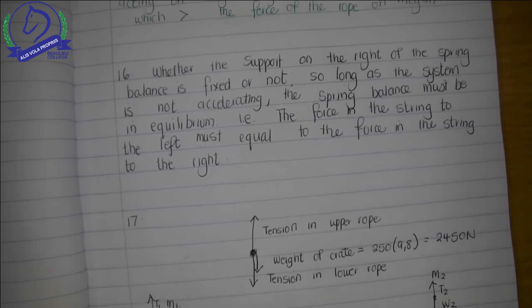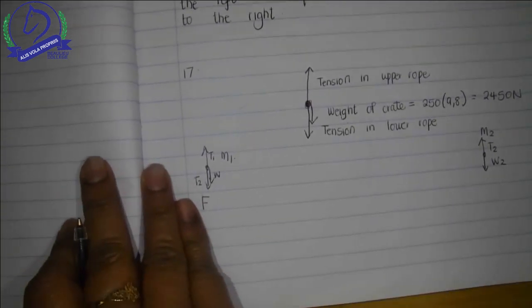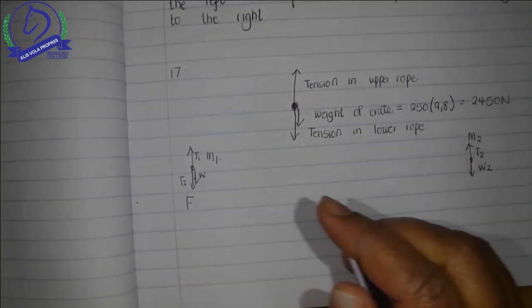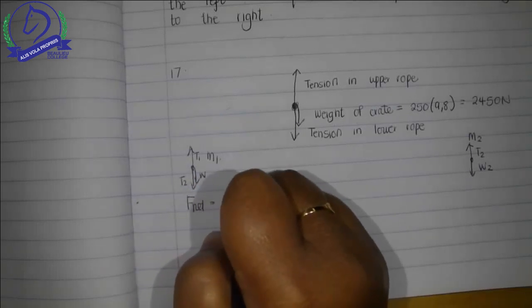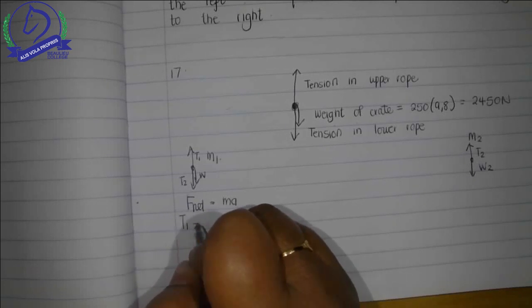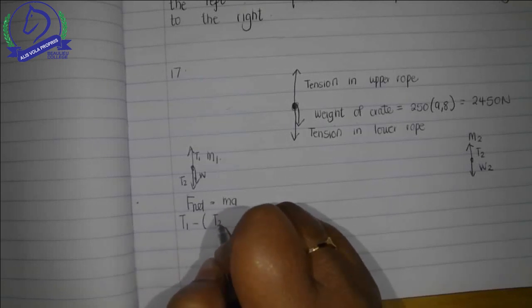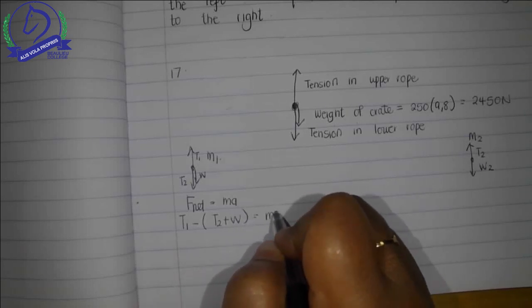Okay, so I'm going to do F net. F net is equal to MA, and my net force here will be T1 minus T2 plus the weight is equal to MA.